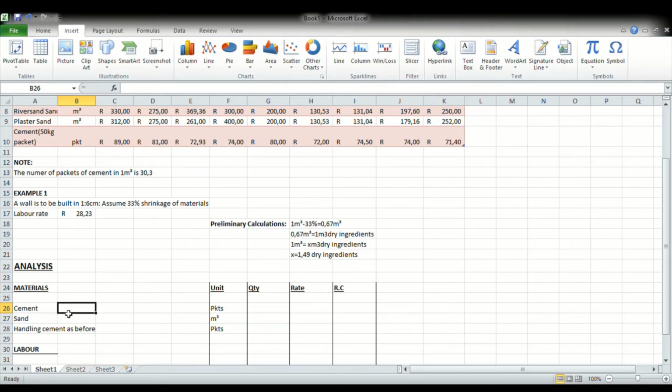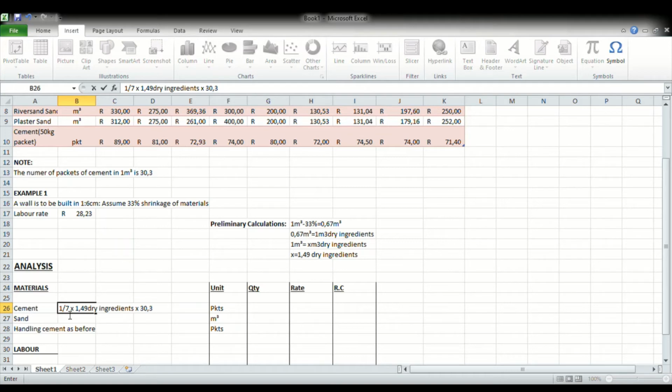And then for our cement, we would say 1 divided by 7 multiplied by 1.49 of our dry ingredients. And like I said, what we are trying to do is to determine the number of packets of cement, so we have to multiply that by 30.3.